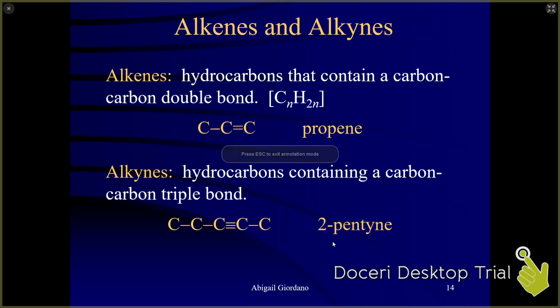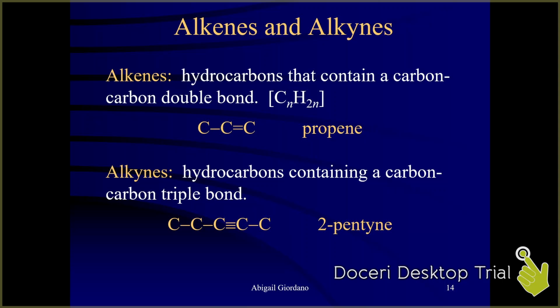And let's just remember back to the first part of this lesson on organic. You want to number your carbon chain. Could be from left to right, could be from right to left. You want to decide on your numbering system so that you get the lowest possible number.